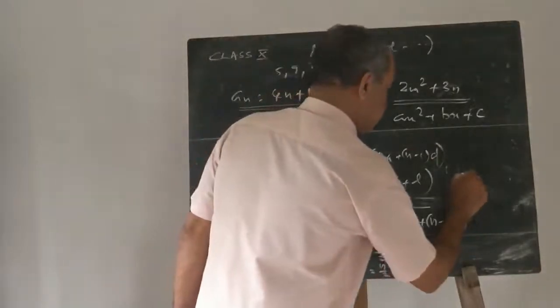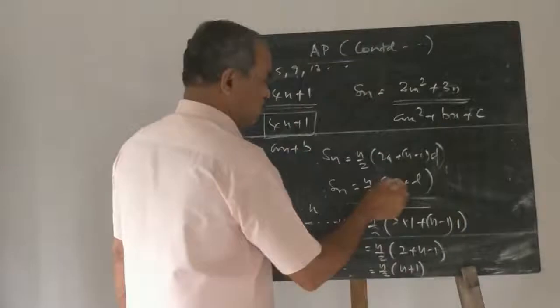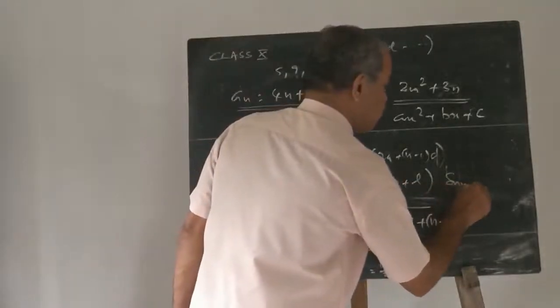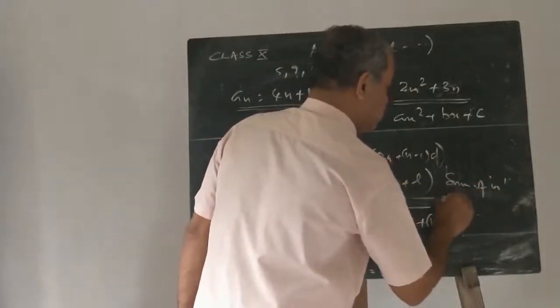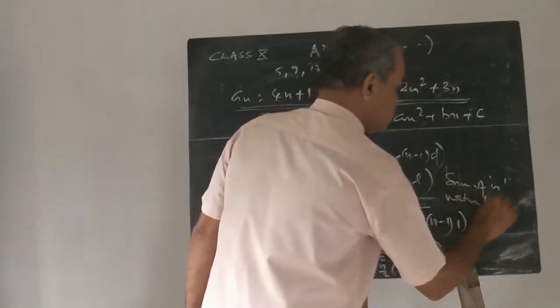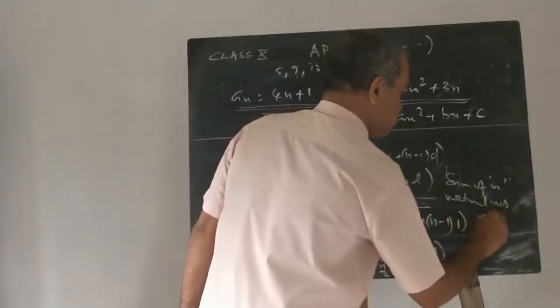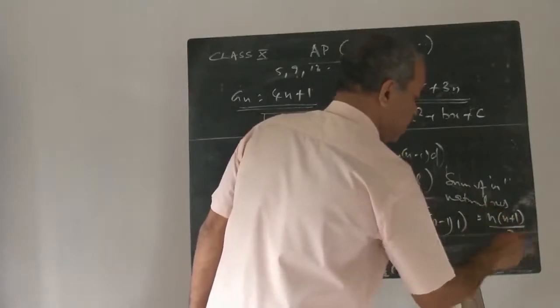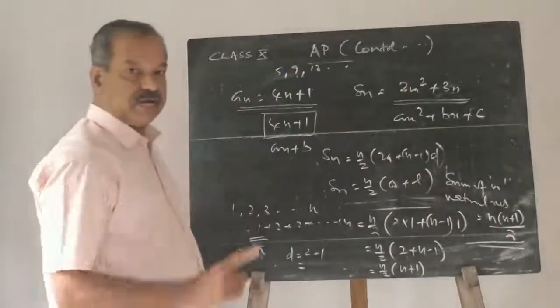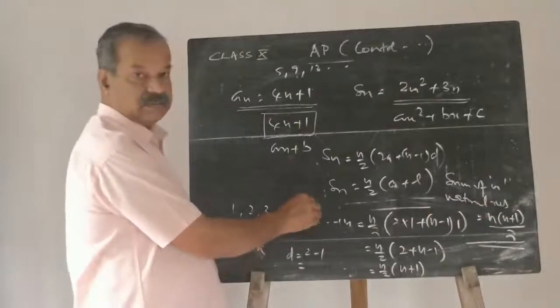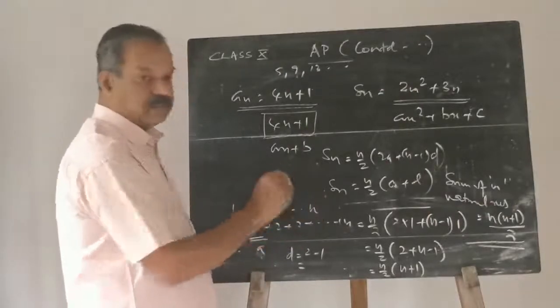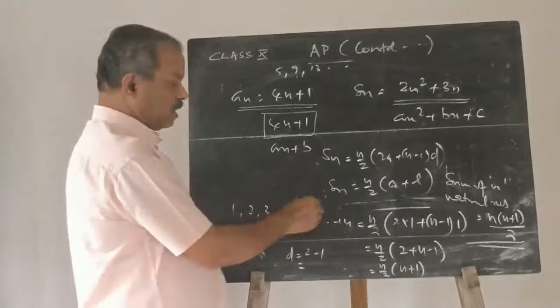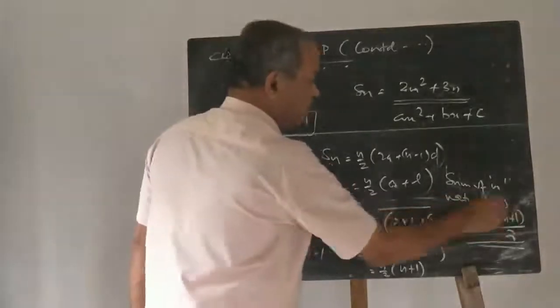That is, the sum of n consecutive natural numbers is equal to n into n plus 1 by 2. What is n? The last number, the last consecutive natural number. 1 is the first natural number.